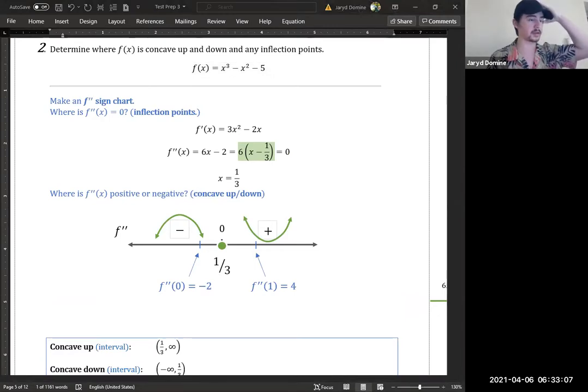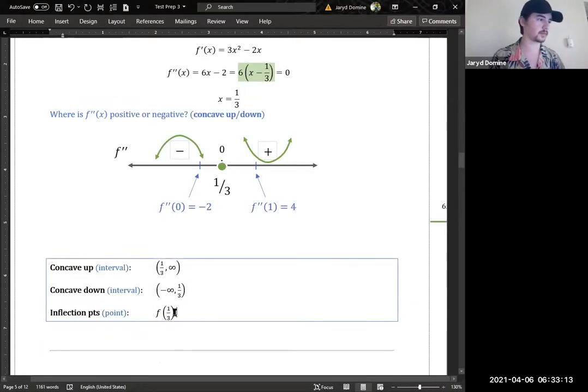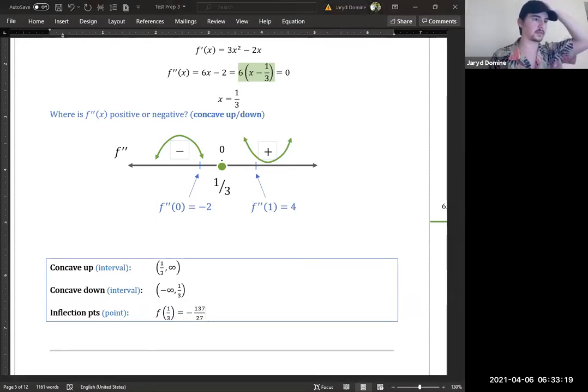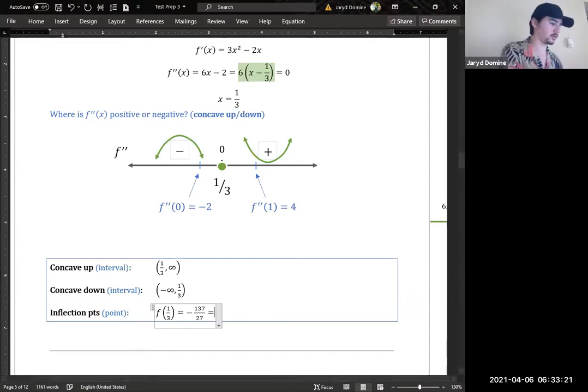And you can do that on your calculator. That's minus 137 over 27. And your calculator will probably give you something like minus 5.074, right? And either one of those will work. Okay, so that's a totally fine way to write it.